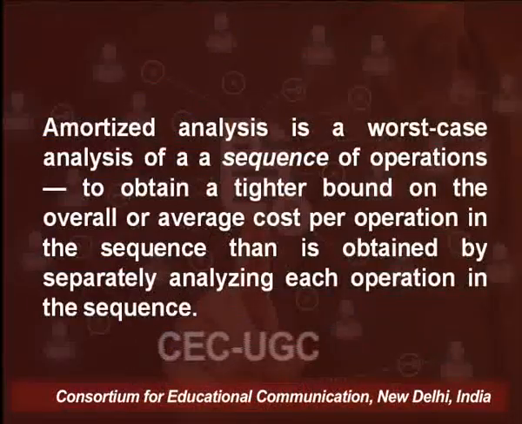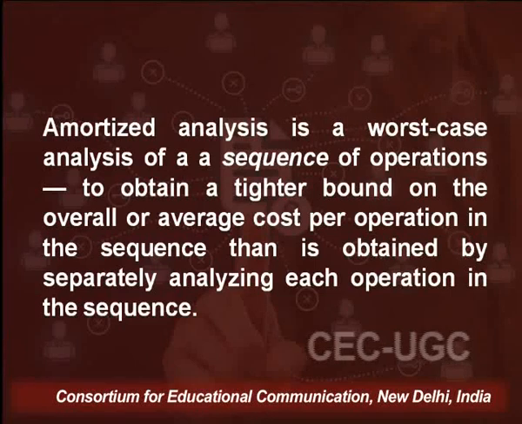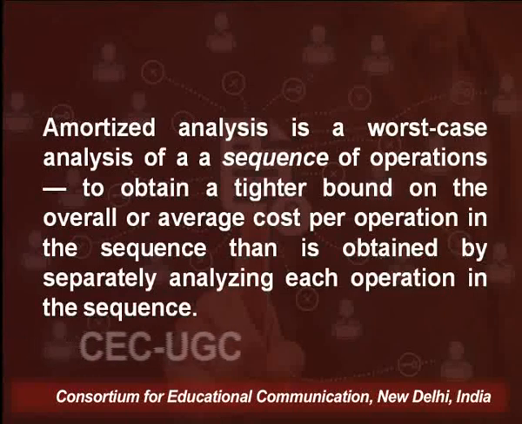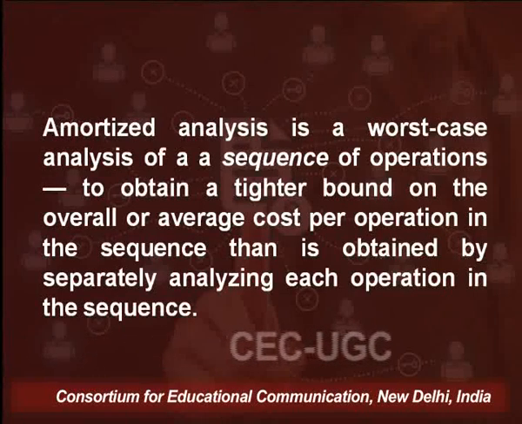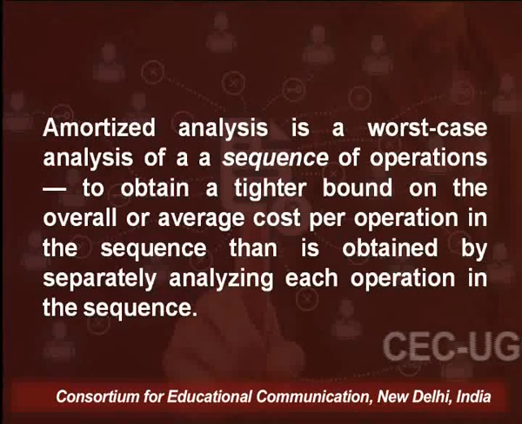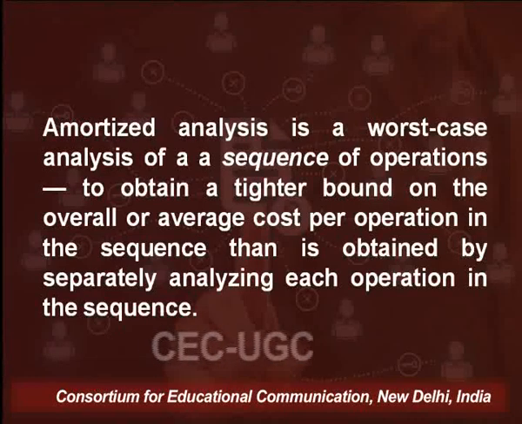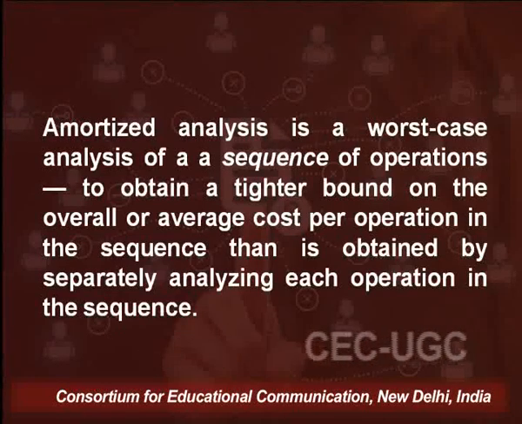Why are we doing this? We need to obtain a tighter bound on the average cost per operation in that sequence, rather than analyzing each and every operation of that particular sequence separately.